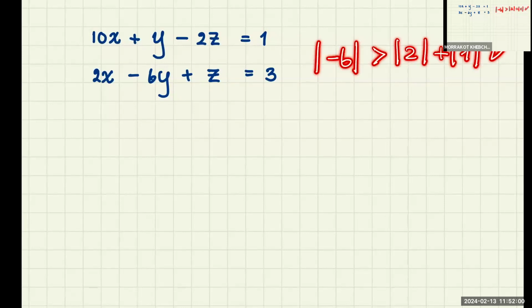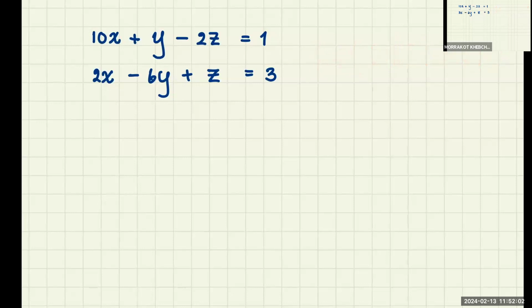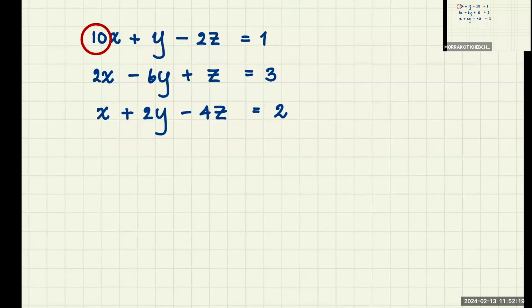Second row satisfied. Number 3, we have x plus 2y minus maybe 4z. Okay, suppose this, I will see that this coefficient matrix is strictly diagonally dominant because this is the largest number.